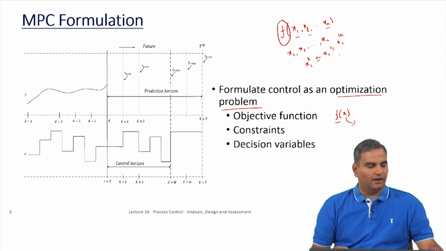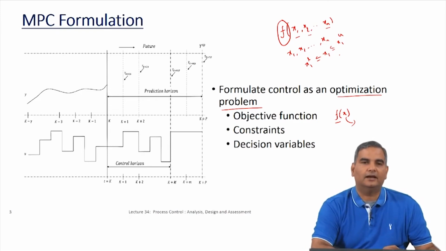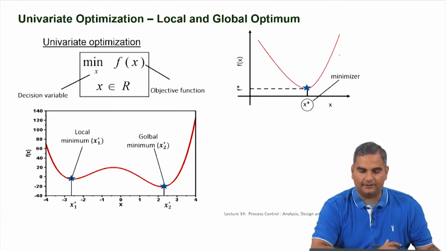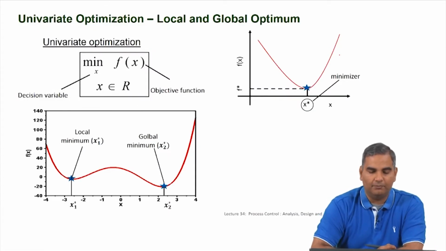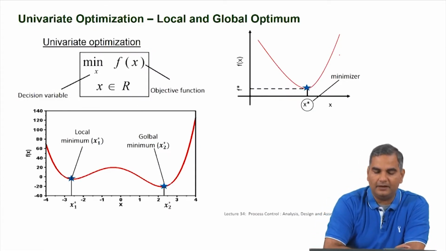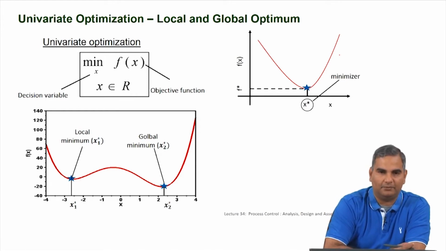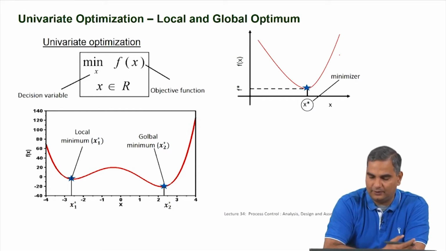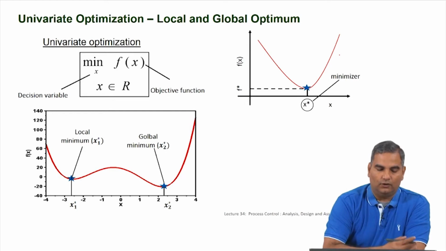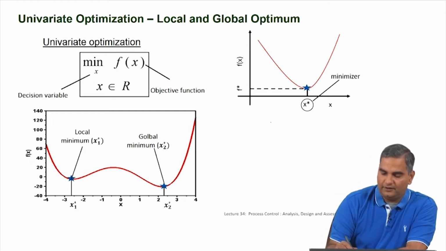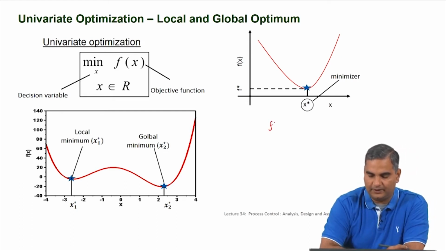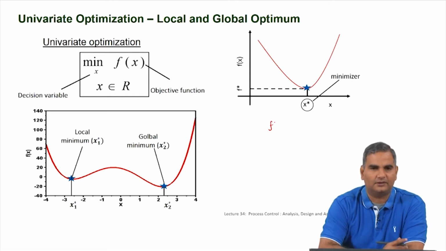Now, let us see how all of this fits into this MPC formulation idea. Before we do that, let me explain how you find an optimum solution, so that it becomes easy as we go along as far as model predictive control is concerned. Again, f is always a scalar function that I am trying to minimize or maximize.